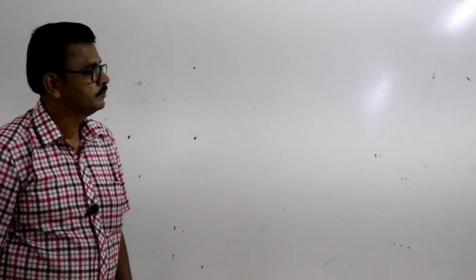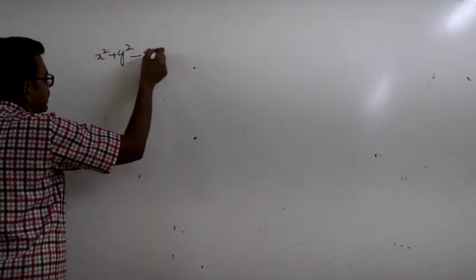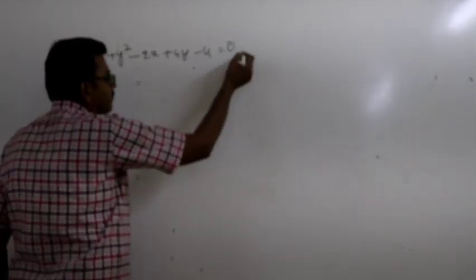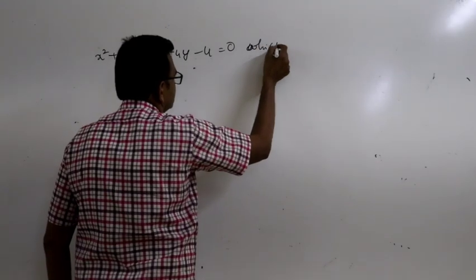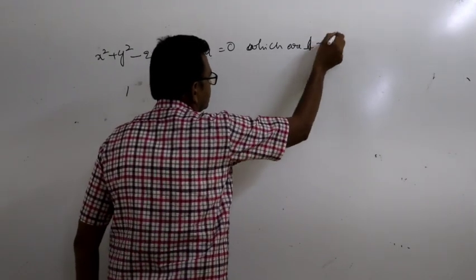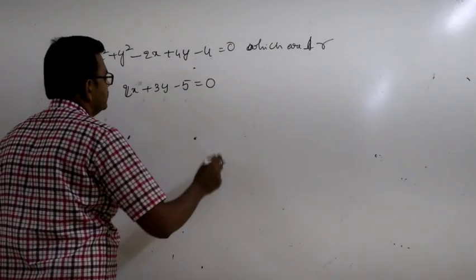Next one. Find the equations of tangents to the circle x square plus y square minus 2x plus 4y minus 4 equal to 0, which are perpendicular to 2x plus 3y minus 5 equal to 0.